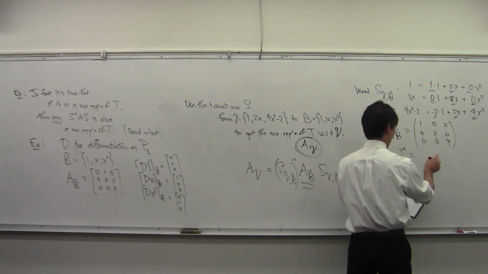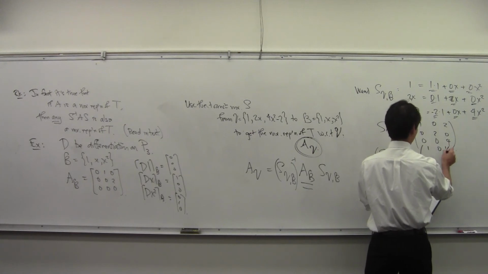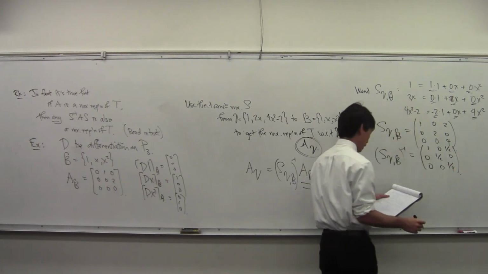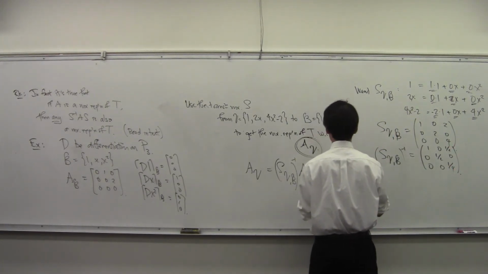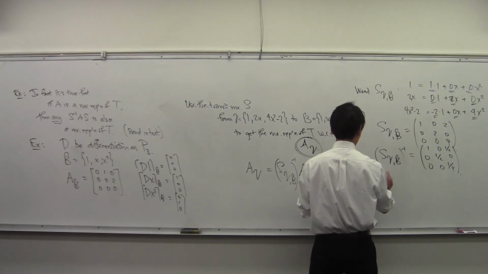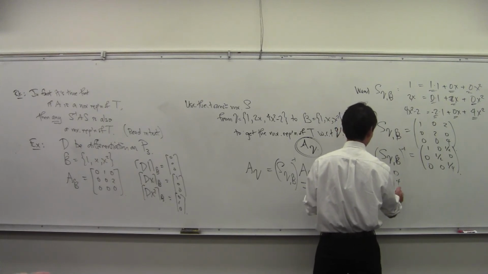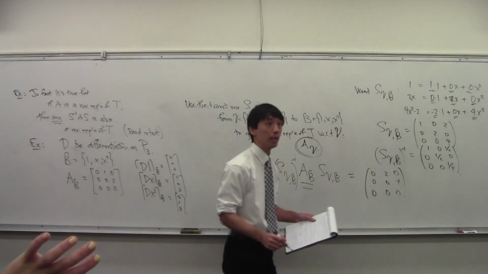S sub VB inverse is going to be something. It turns out to be 1, 0, a half, 0, 1 half, 0, 0, 0 quarter. And then you conjugate, and you work it out, and it turns out that this thing is 0, 2, 0, 0, 0, 4, 0, 0, 0. Yeah?